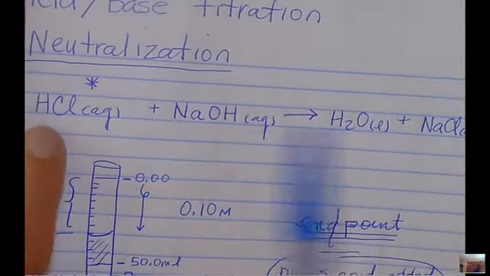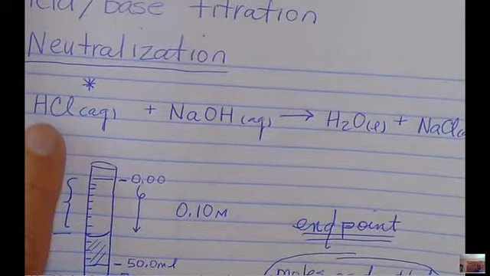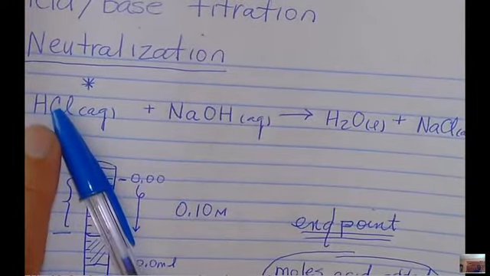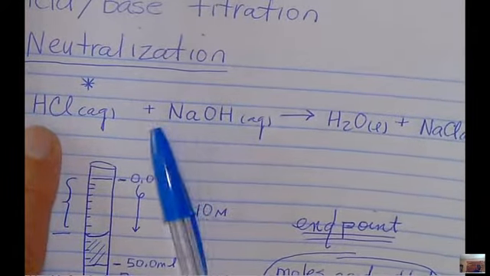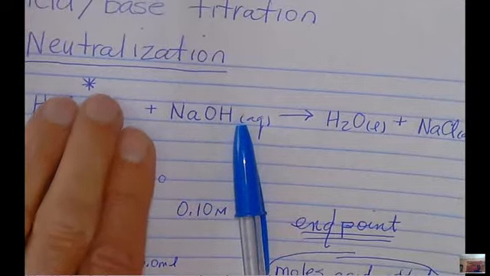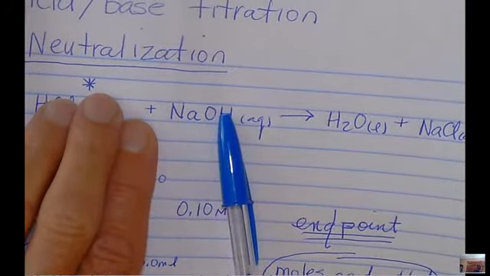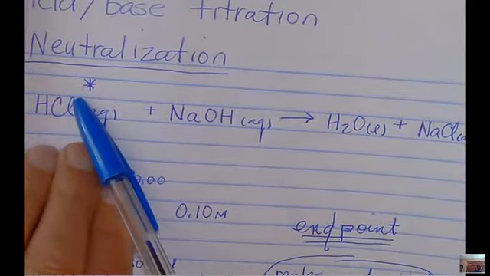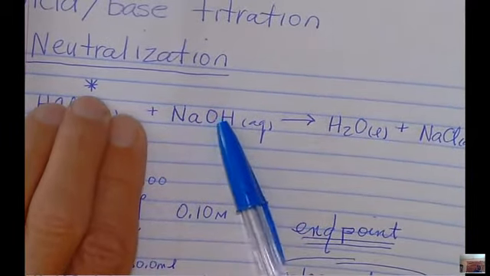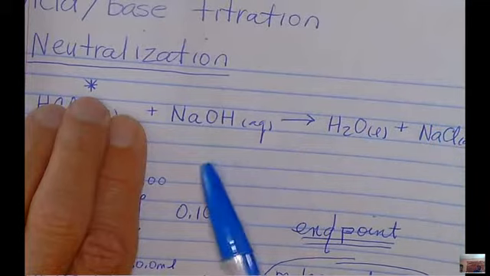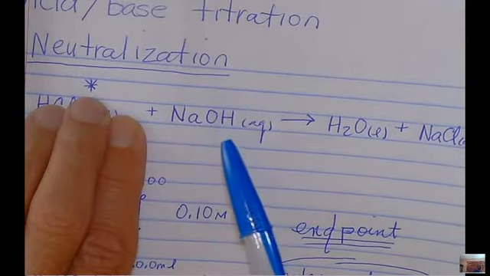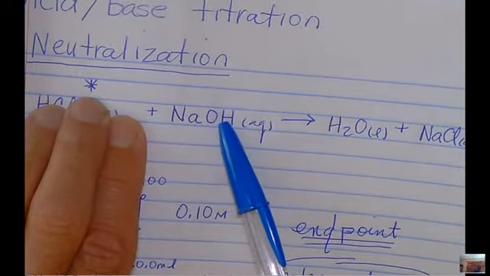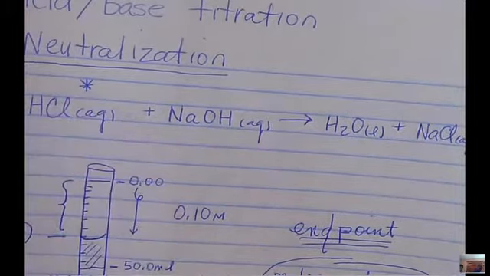So basically what I'm doing is, open up the stopcock, allow some of the HCl in, it immediately reacts, I'm taking this away. So over time, the sodium hydroxide concentration is going to be dropping, right? Acid gets eaten up right away, but the sodium hydroxide, every time I add a little bit, it's going to keep on going down, down, down. This is a basic solution because it's got an excess of sodium hydroxide.